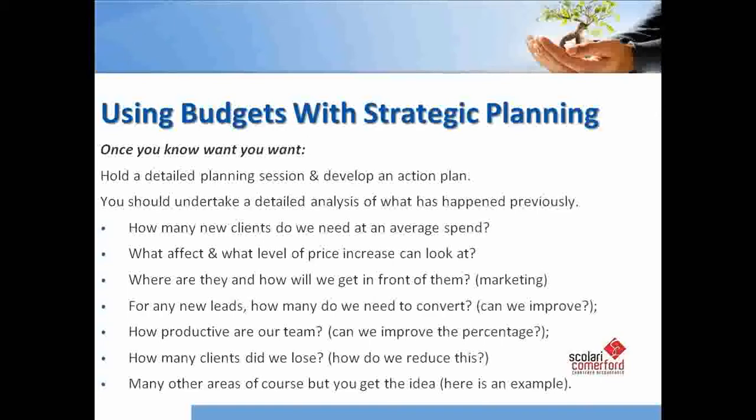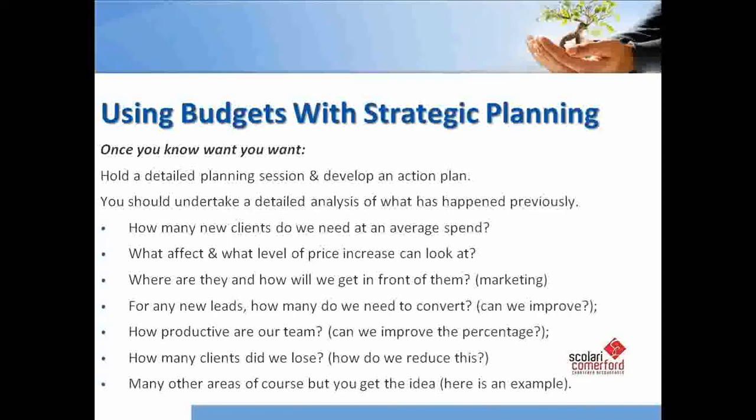For any new leads, how many of them do we typically convert? How can we improve those in terms of productivity? If our team are being measured on how productive they are, can we improve this percentage? Can we rearrange some of the things that they're doing that will actually make them more efficient? How many clients did we lose?